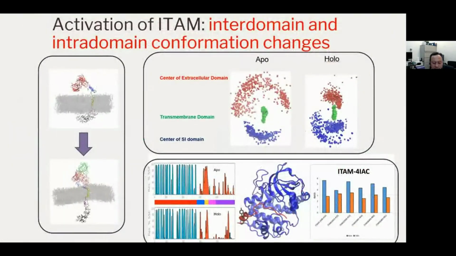Here's the key idea. Now we think the activation mechanism is that binding induces the conformational change, including the inter-domain change and also intra-domain change, which allows the kinase to come here to bind.